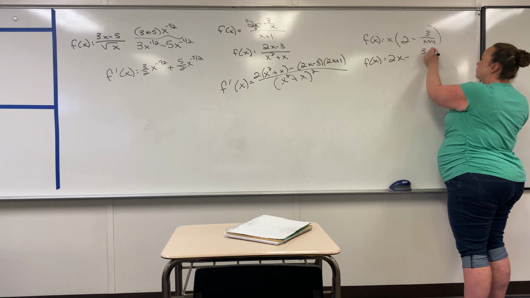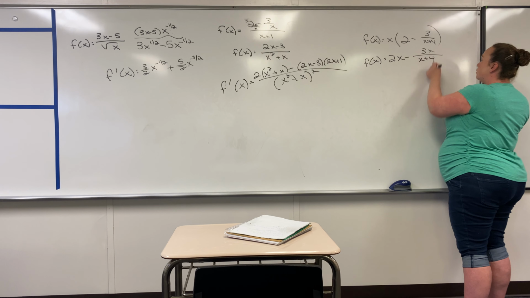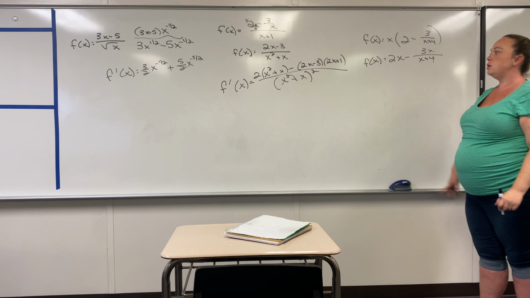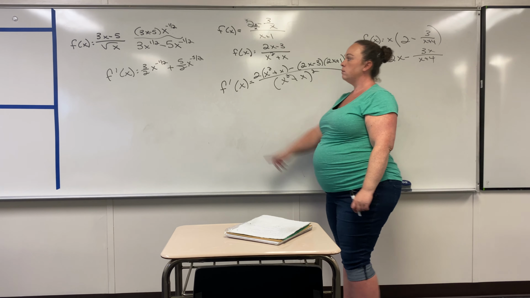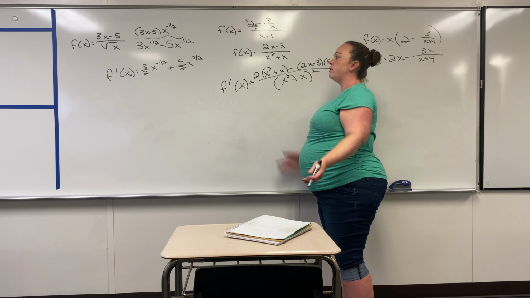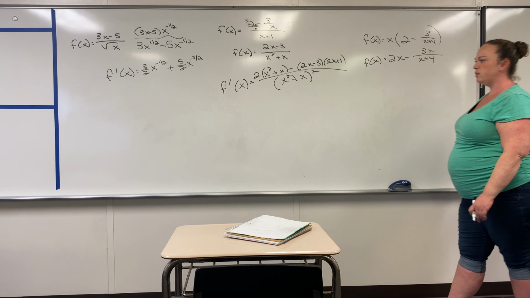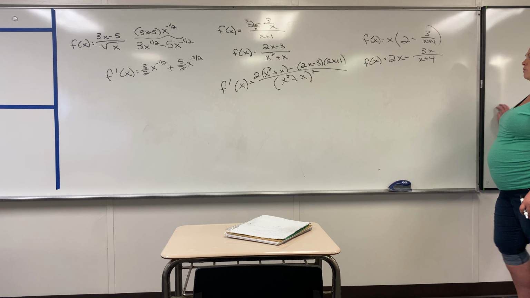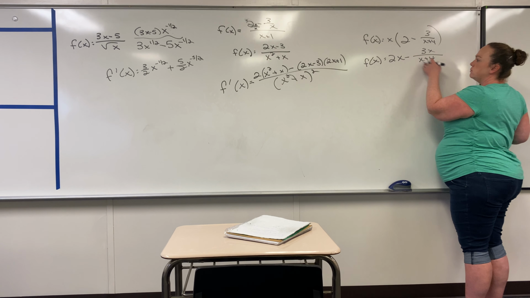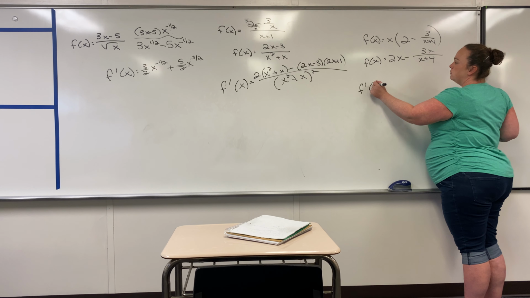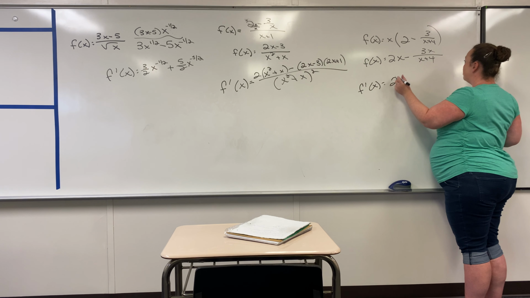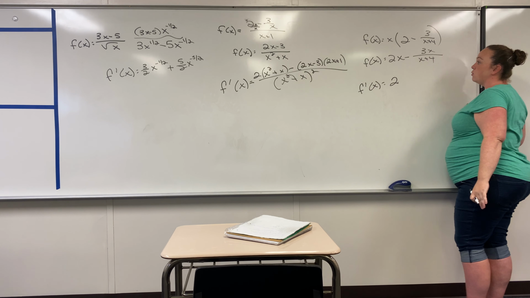Something to notice is make sure that you keep it f of x until you actually take the derivative. Don't mark it f prime of x in the beginning and then mess with it. Okay, it shouldn't be f prime of x till it's actually the derivative. So we've got two problems here. This is just 2. This requires you to do quotient rule.